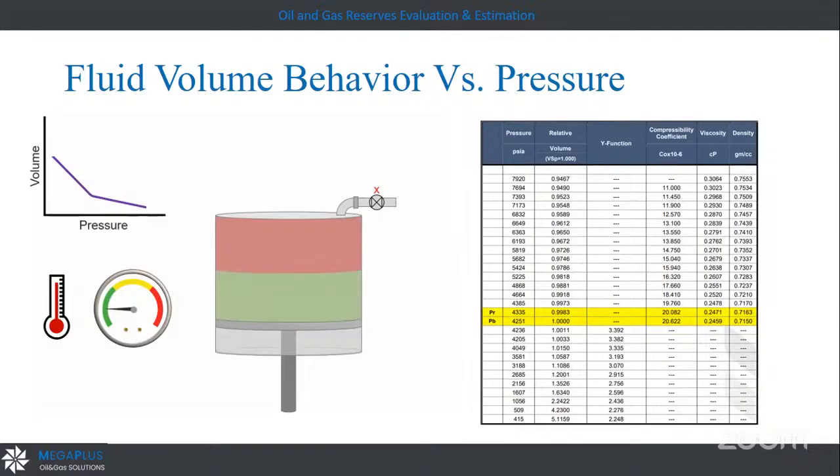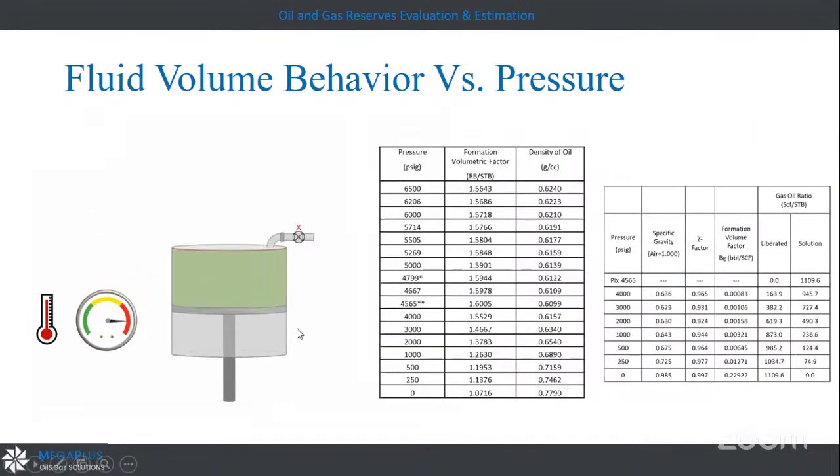There are some lab tests that can be done to know the saturation pressure and how the behavior of the fluid changes with time. Here we have the saturation pressure. This is called the CCE, or constant composition expansion. We know the saturation pressure from this test, before and after the saturation pressure.